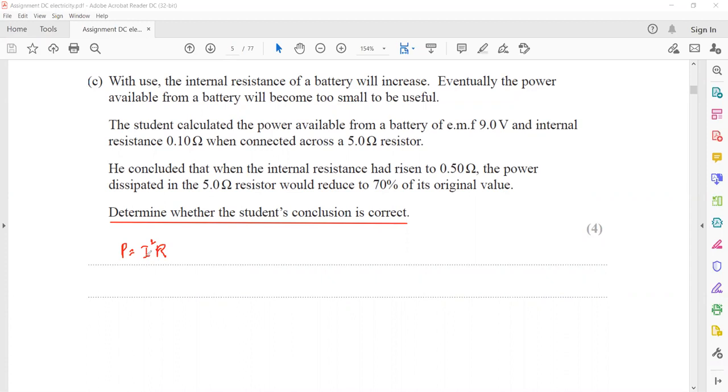In the beginning, the 9 volt EMF is there and the internal resistance is 0.1 ohm when a 5 ohm resistor is connected. But then he concluded that when the internal resistance rises to 0.5 ohm, the current in the circuit will change. We will have two currents.